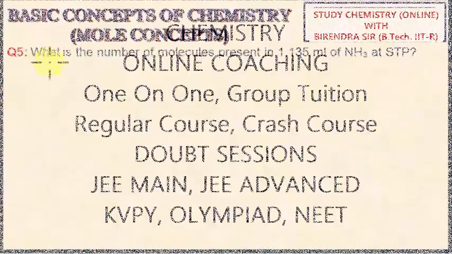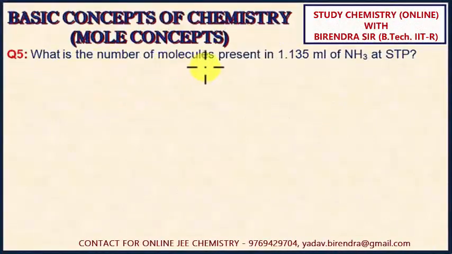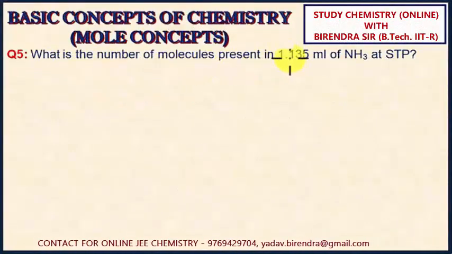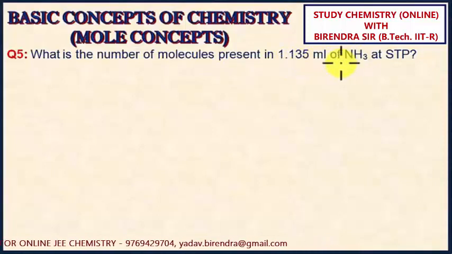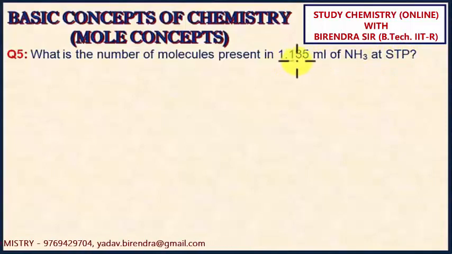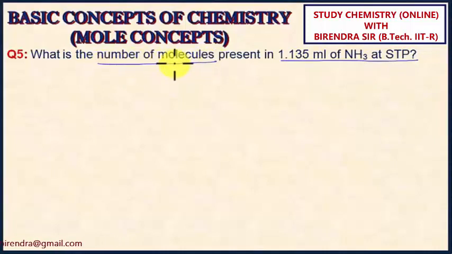This question says, what is the number of molecules present in 1.135 ml of NH3 at STP? This time volume at STP is given and number of molecules is asked.